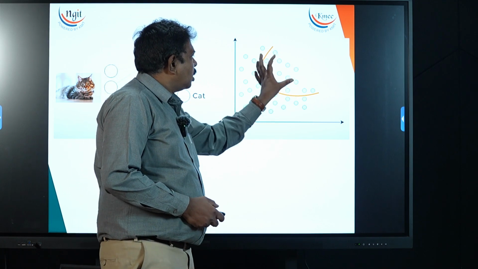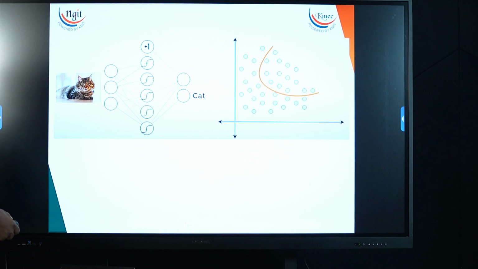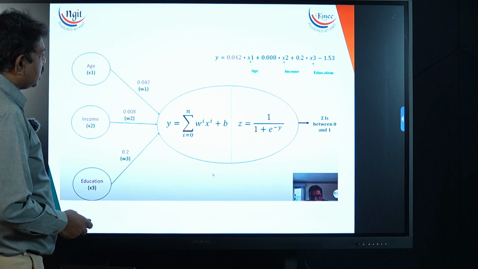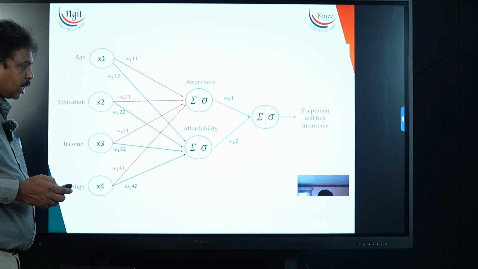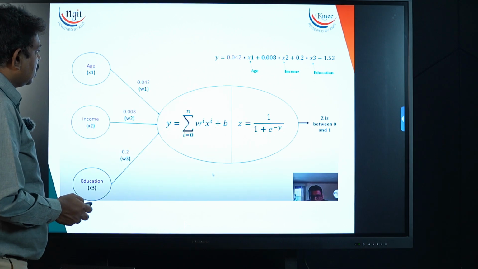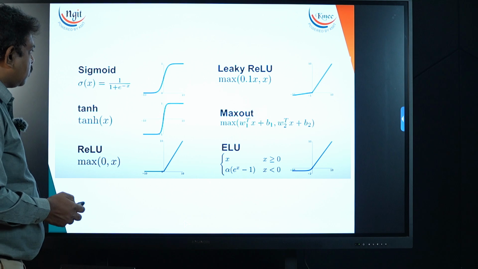Now, when you draw this kind of curve, we can easily categorize whether it's a dog or cat. Like this, the activation function introduces non-linearity into the neural network, and it helps decide which neuron has the highest activation value. The decision is entirely taken care of by our activation function. That is why they are very important in a neural network.